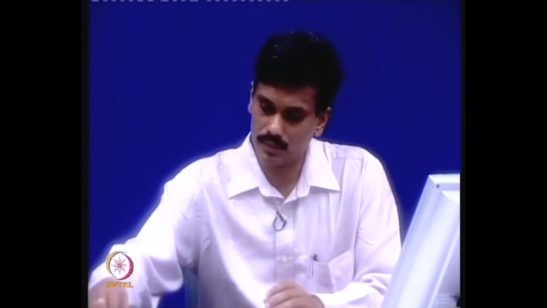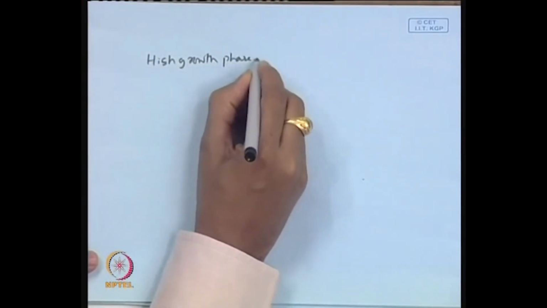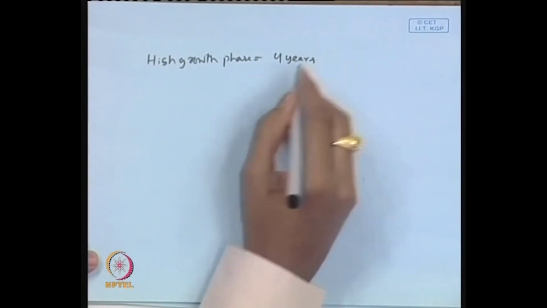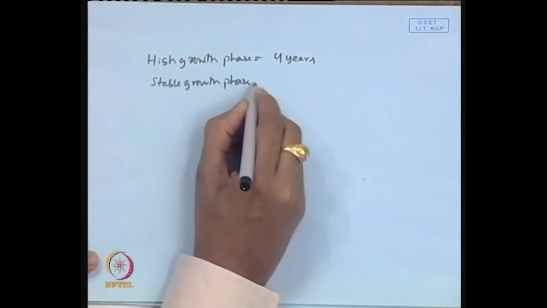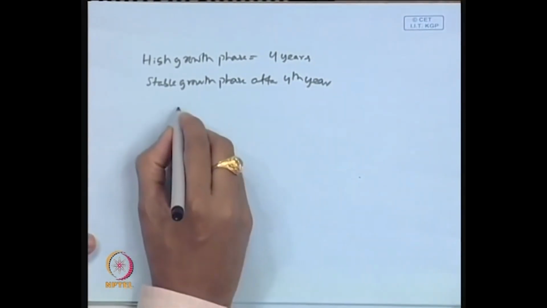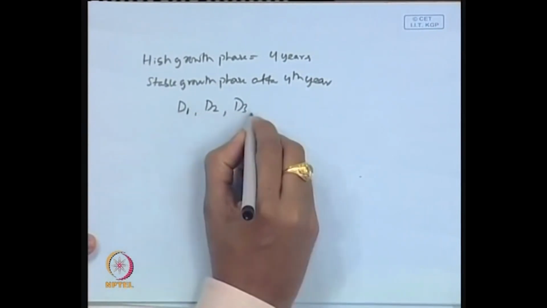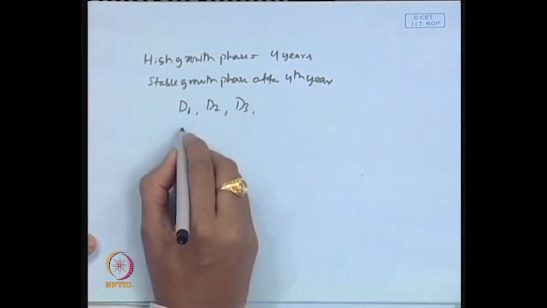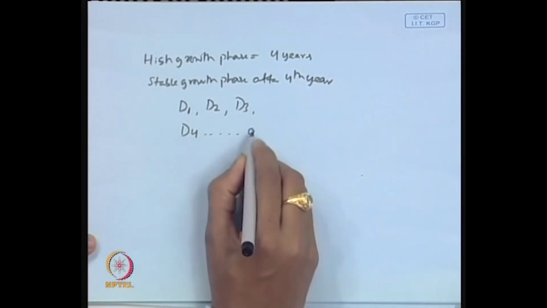So, if you have a company where the high growth phase, or the supernormal growth phase, is let us say 4 years, and then the stable growth phase arises after the 4th year. In that case, one has to find out the dividend for the first year, the second year, the third year separately, then the dividend for the 4th year, which is going to grow at a particular constant growth rate.